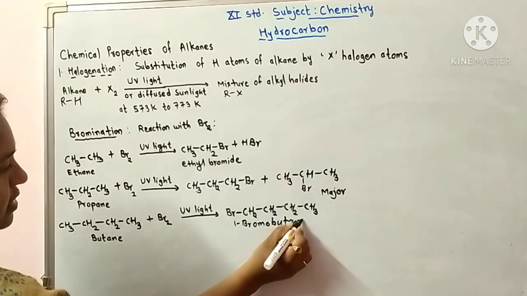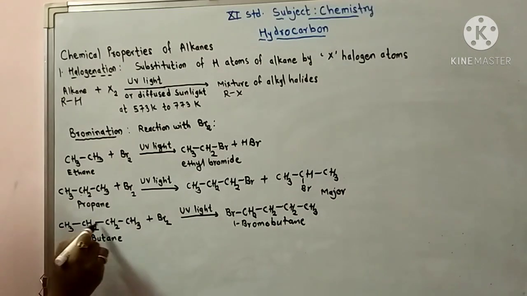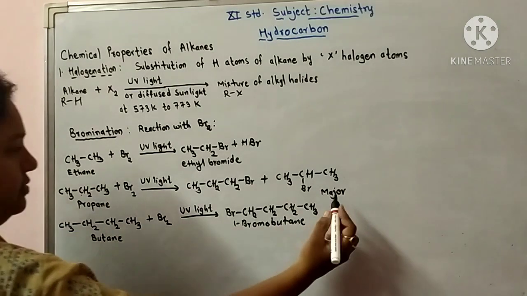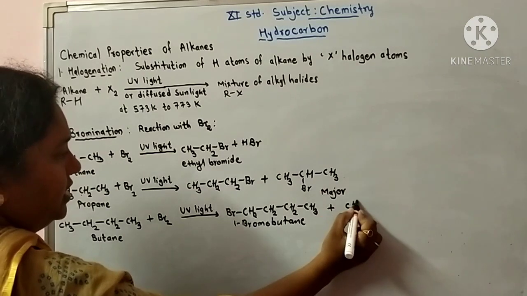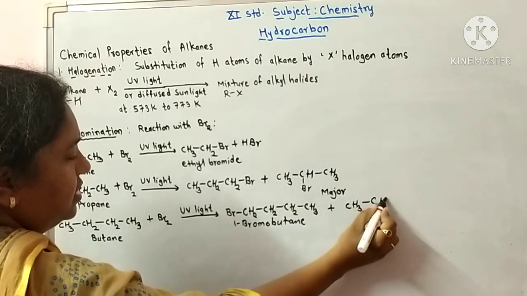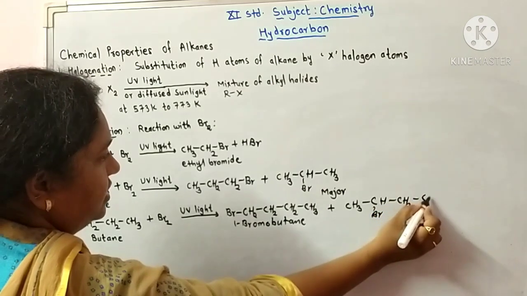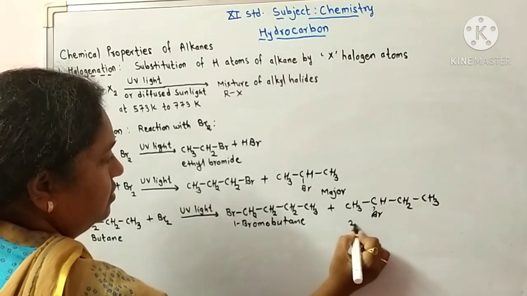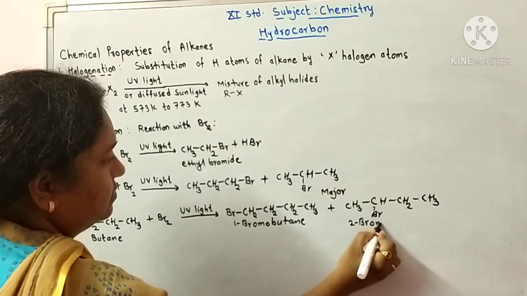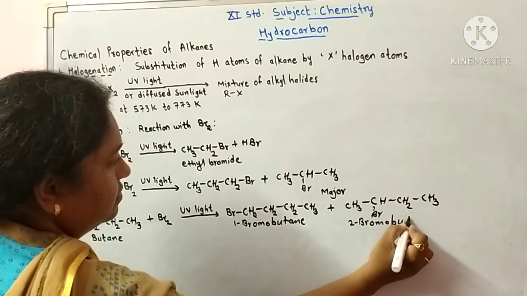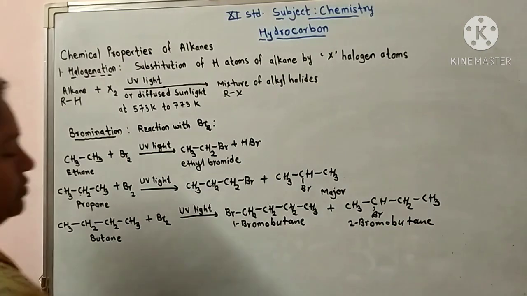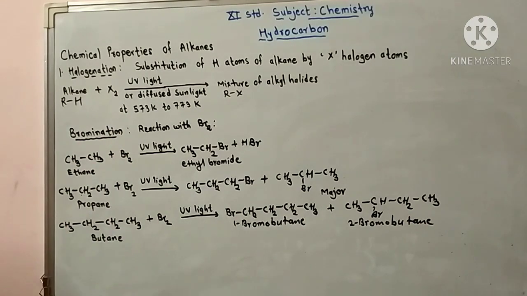And if the hydrogen is replaced from the secondary carbon, we get CH3CHBrCH2CH3, so 2-bromobutane. 2-bromobutane is the major product.